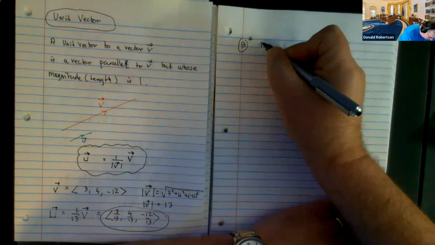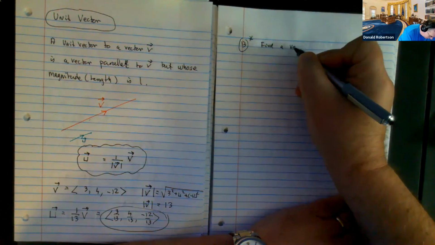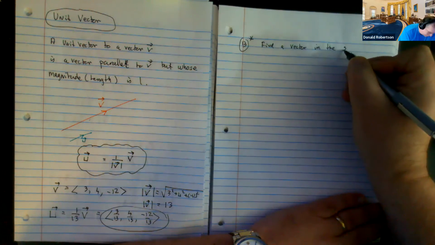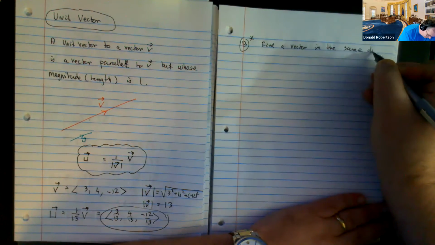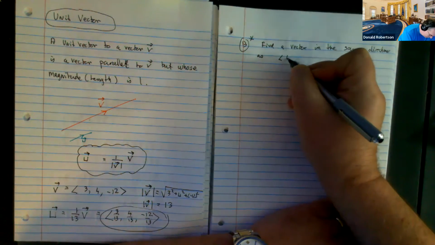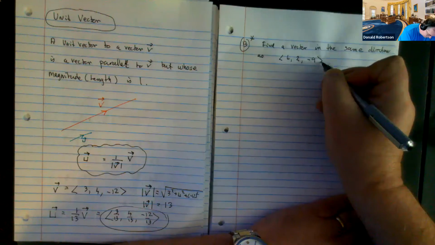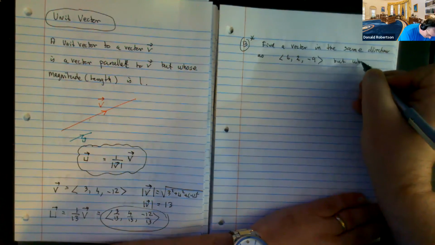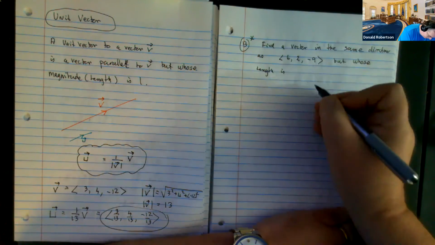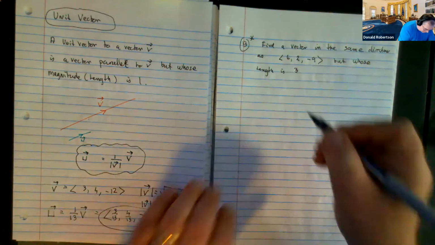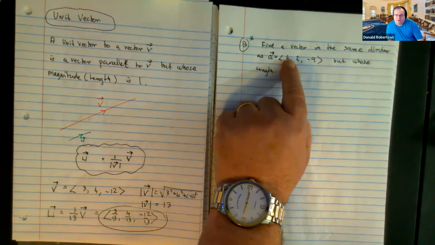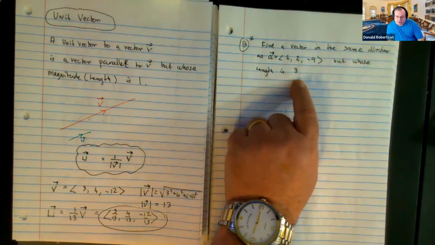We're being asked to find a vector in the same direction as 6, 2, -9, but whose length is 3. They haven't called it this, but I'm going to call it A. You've got to call it something, right? So find a vector that's in the same direction as A, but whose length is 3.